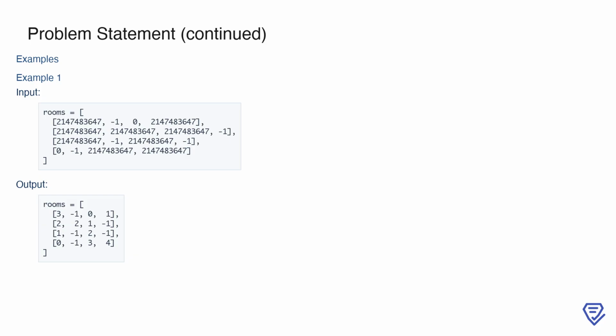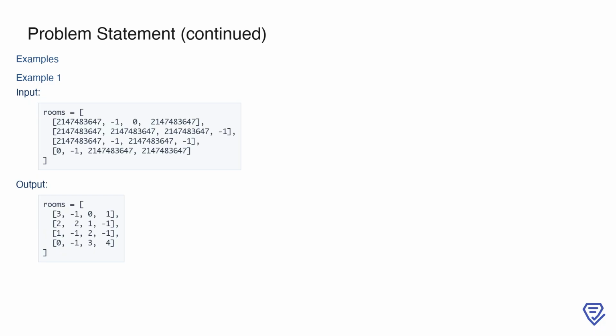Let's look at an example to understand how this works. Imagine we are given the following grid: 2147483647, -1, 0, 2147483647, and so on, with walls and gates scattered among the empty rooms.